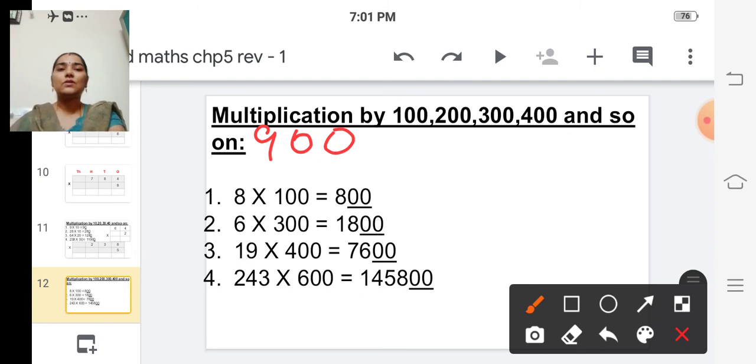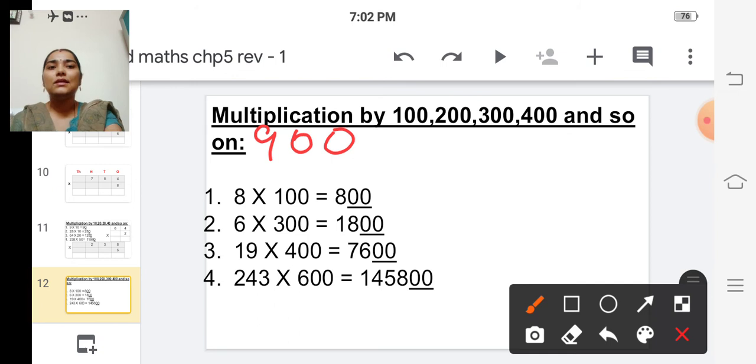Okay, see the first one. If we multiply any number by 10, what will we do? We first write the number and we put a zero at the end, because 10 has only one zero. But now 100. So 100 has how many zeros? 2 zeros, isn't it? So if we multiply any number by 100, then we have to write the number and put 2 zeros at the end.